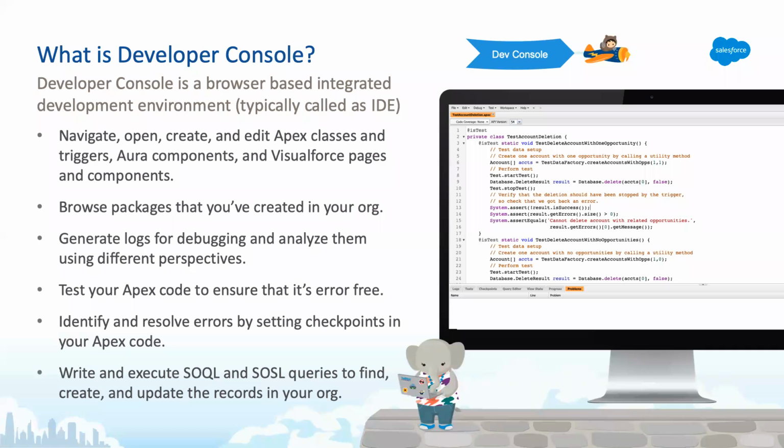So there are two ways we can identify errors or any other issues that we have introduced into our code. One is we can go through debug logs, or else we can set up some checkpoints and investigate them to understand what values the objects got.